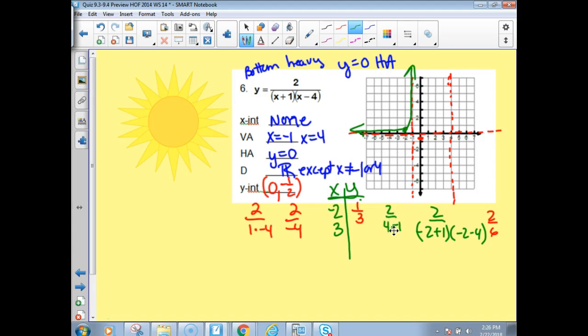So I've got 2 over -4, which is -1/2. So 3, -1/2. Notice that that mirrors that point over here, that y-intercept. So what's going on in here is it's running along the asymptote, comes up, and then loops back down.